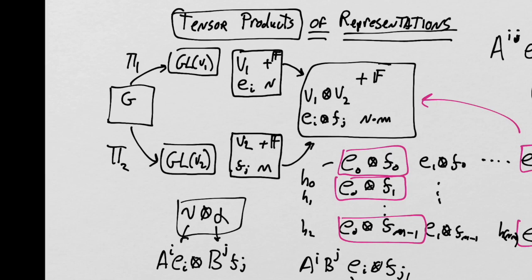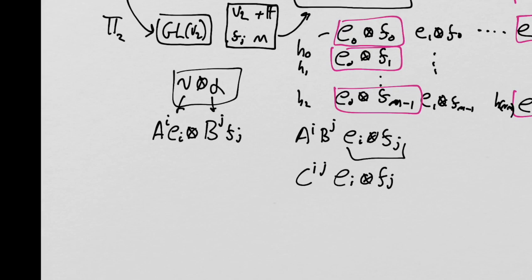Okay, but let's have a look at how you make this third tensor product space. Well, it goes right back to this, right?